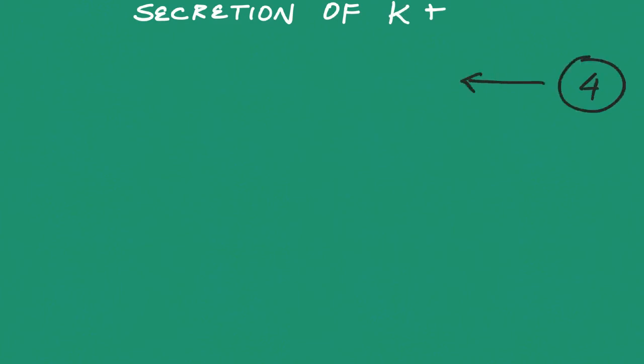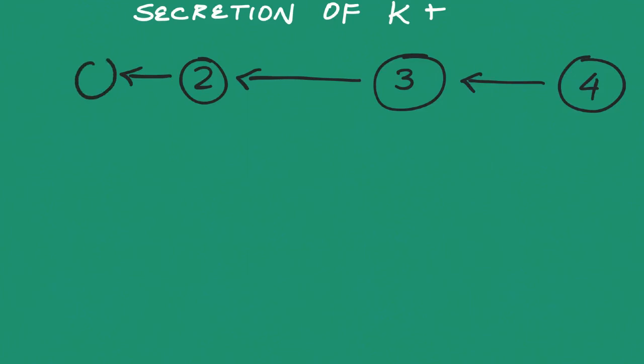Let's consider the secretion of potassium from the capillaries to the renal tubule. It is important to get rid of potassium from the blood because too much potassium in the blood can cause cardiac arrest. So we have to go backwards. 4 is the capillary, so the potassium must leave the capillary, and 3 is the interstitial fluid.